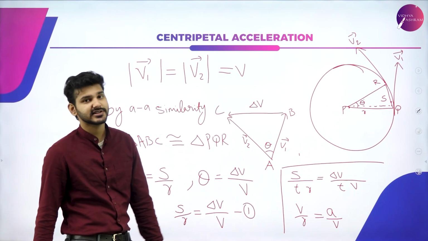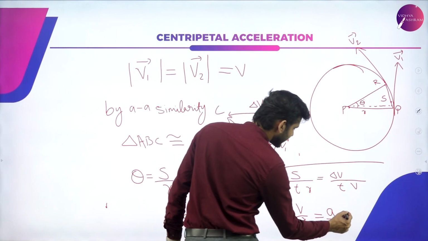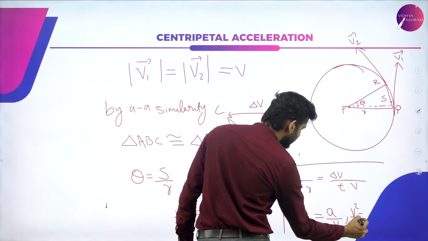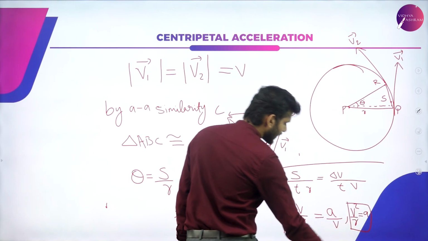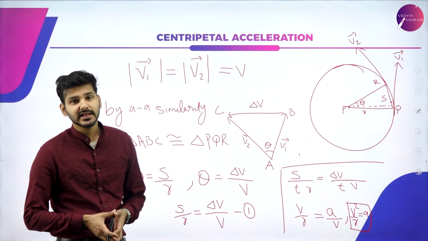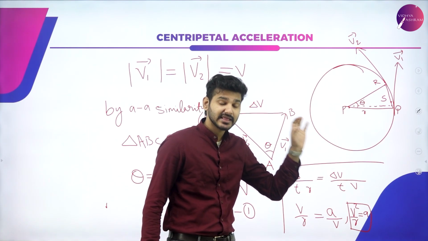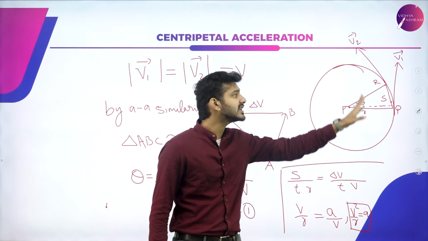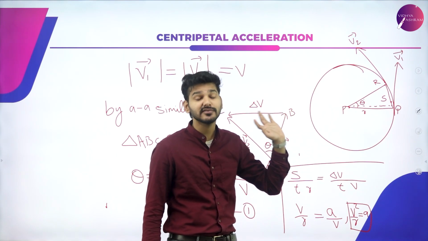If we rearrange this equation, that is if I bring this V to the left hand side, I can write it as V square by R is equal to A. That is, if any body is executing a circular motion, it needs to change its direction frequently.